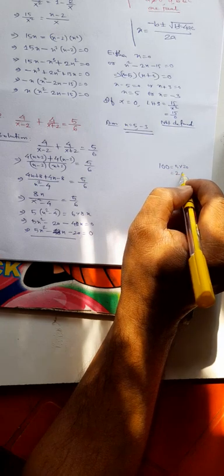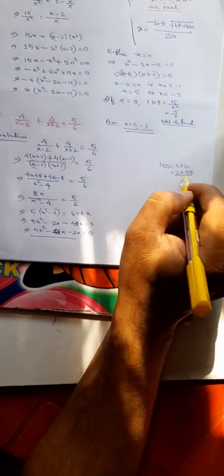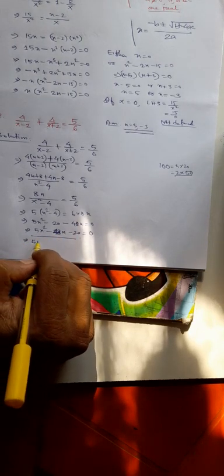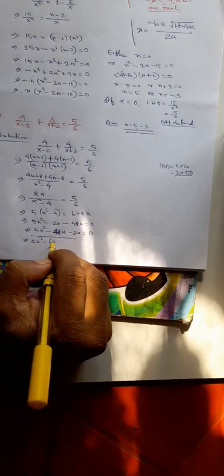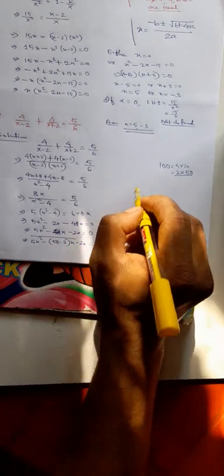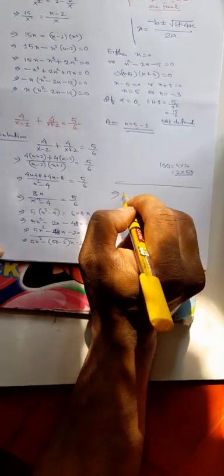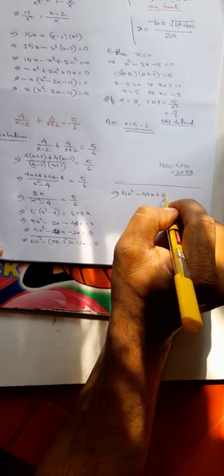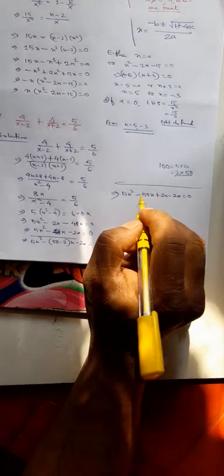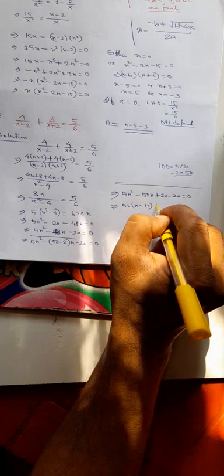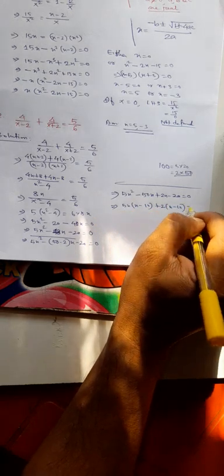100 equal to 2 into 50. Now you see 50 minus 2 equal to 48. That means you can do middle term splitting here. 5x square minus 50x plus 2x minus 20 equal to 0. This implies you can take 5x common here, 5x into x minus 10 plus 2 into x minus 10 equal to 0.